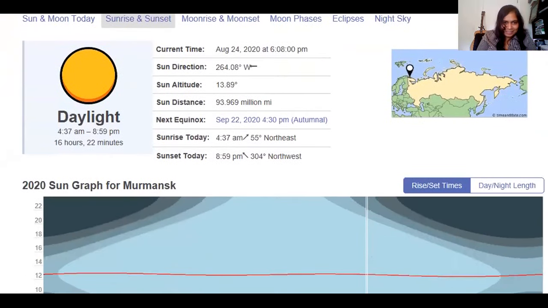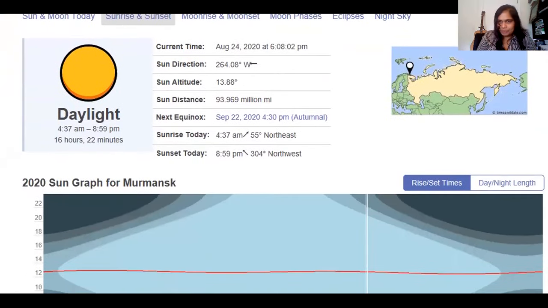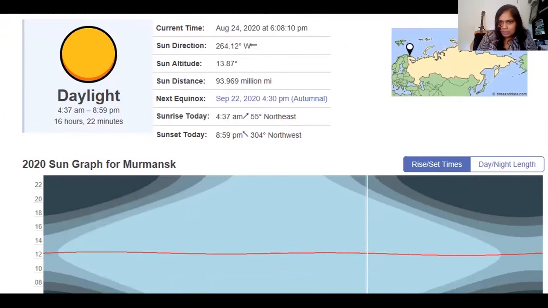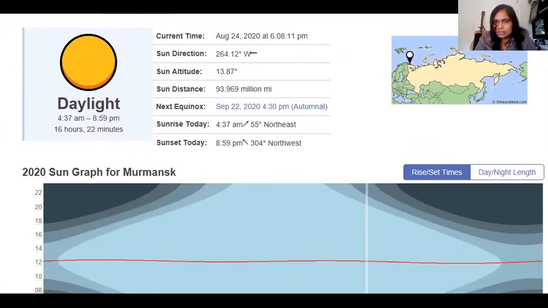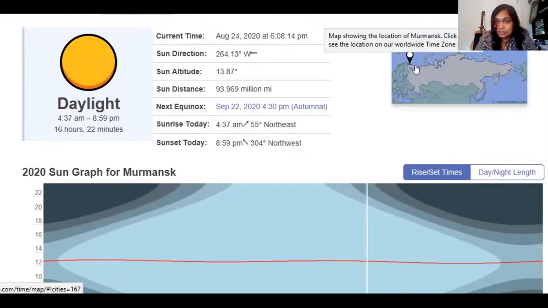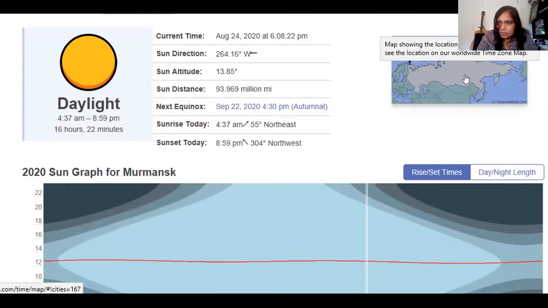On this website you can read all the details, like the sun direction, the sun's altitude, and the sun's distance, but we are not worrying about these things. Let's concentrate on this point. This is the location, a city located somewhere here in Russia.